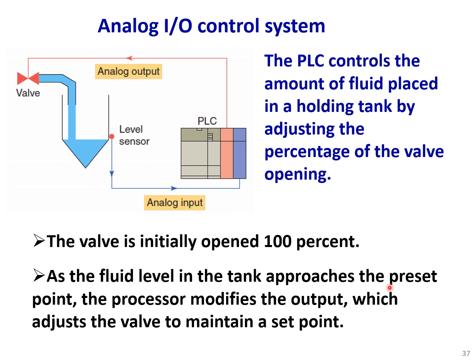Okay, that preset point is set inside the PLC program. The processor modifies the output, which adjusts the valve to maintain a set point. Okay, so this is one example. Later we'll see how we could program it and in different languages in coming sessions.